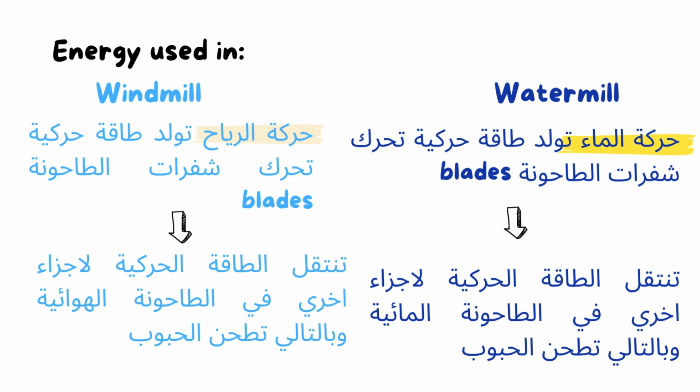Then this kinetic energy transfers to other parts of the mill that crush the grains. Also in the water mill, the movement of water generates kinetic energy that moves the mill's blades, and this kinetic energy transfers to other parts of the mill that crush the grains.